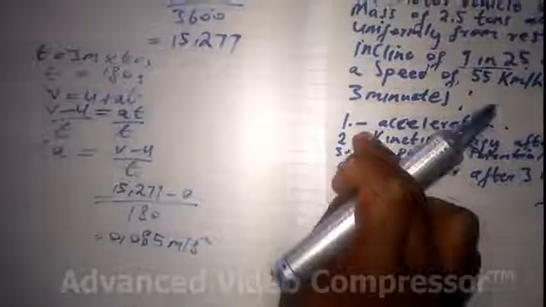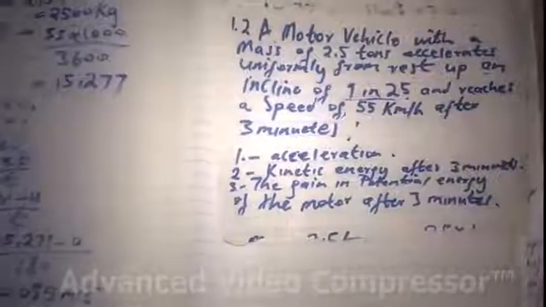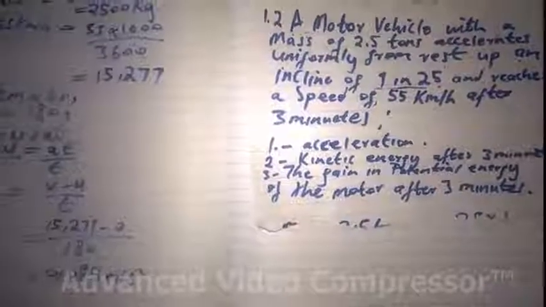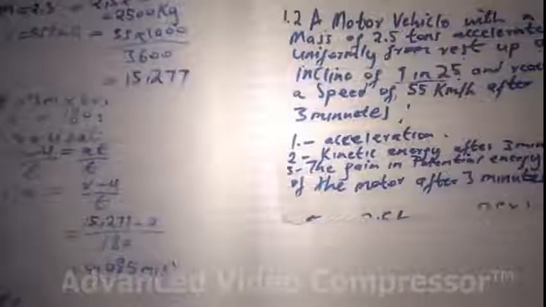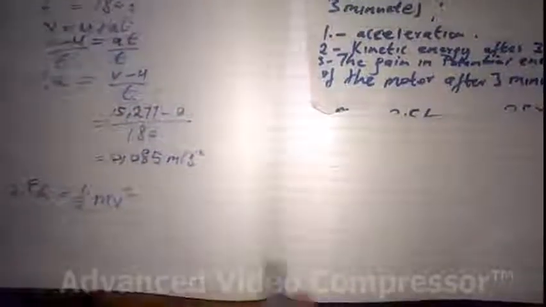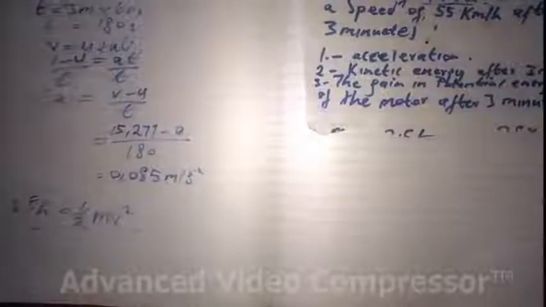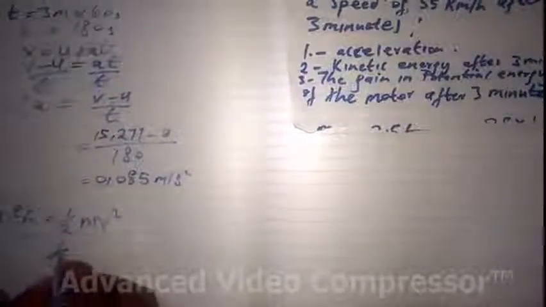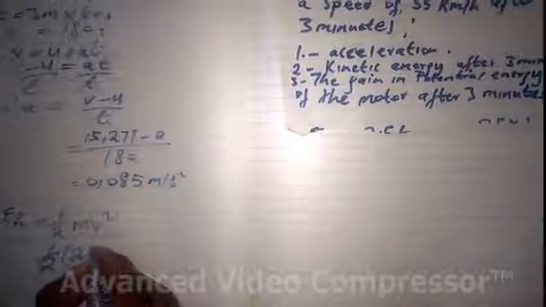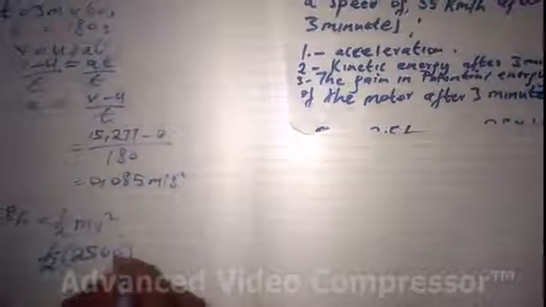And the next step, we must look for our kinetic energy. Kinetic energy, which is EK, is equal to half mv squared. This is the formula for kinetic energy. Our mass is 2,500.